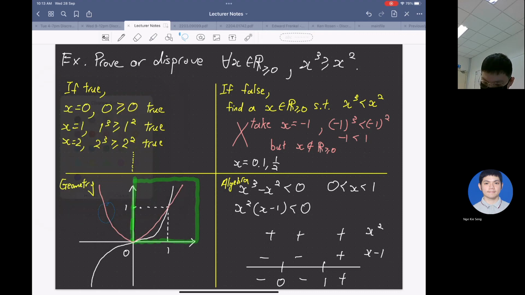Let's make it red. Next, this is one. This is going control. One. Okay. So let's do an algebra proof.